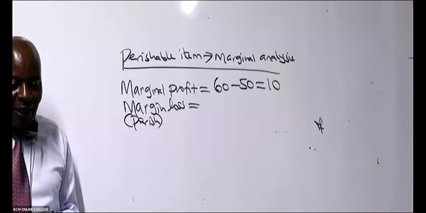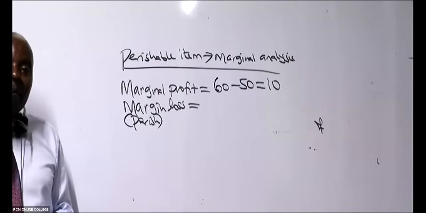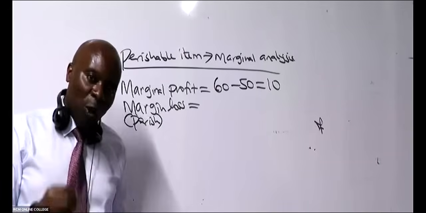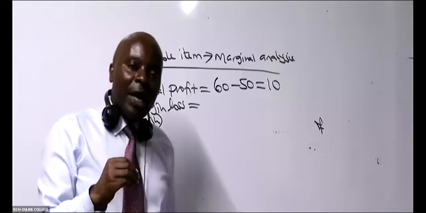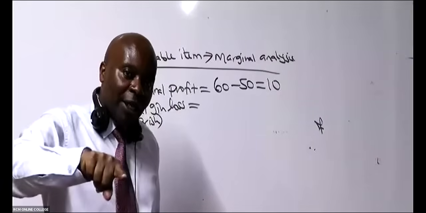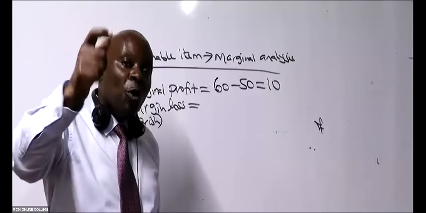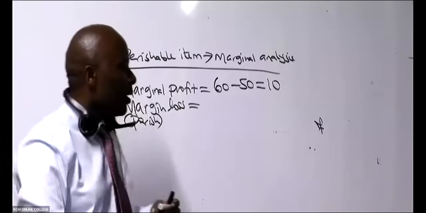Marginal loss. 40, really? All of them are saying 40. Remember, what have they told us? In the event they are not able to sell this newspaper today, they shall sell it tomorrow for 10 bob.